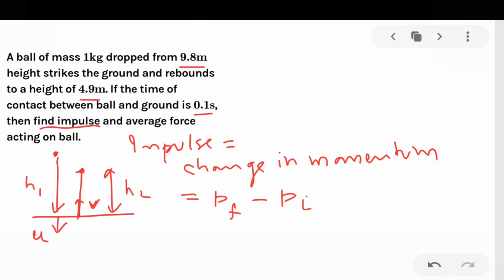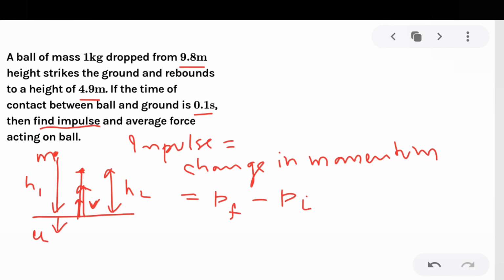Now here, suppose the ball is of mass m. Mass is already given, but let it be m. So final momentum means after impact. So after impact, the ball is moving in the upward direction.